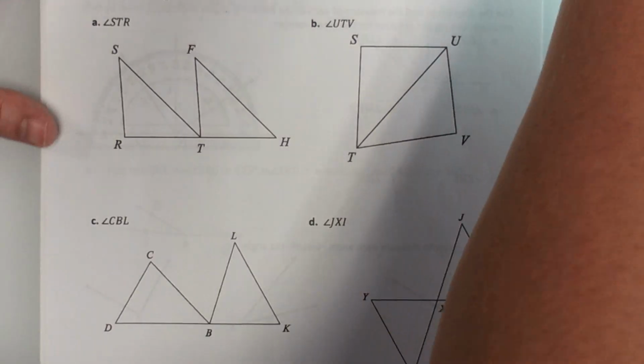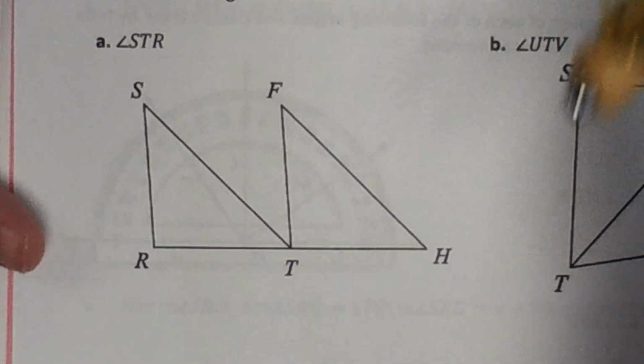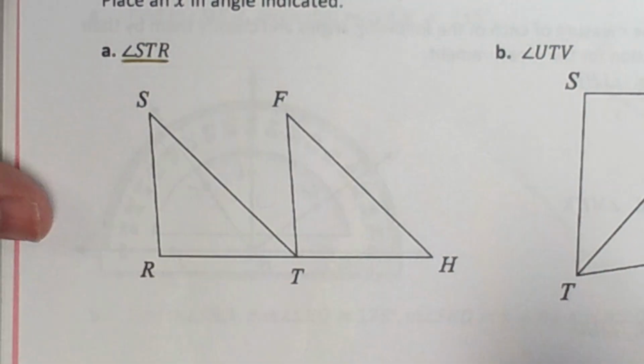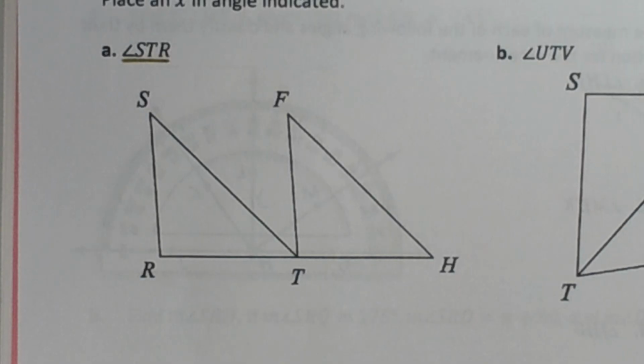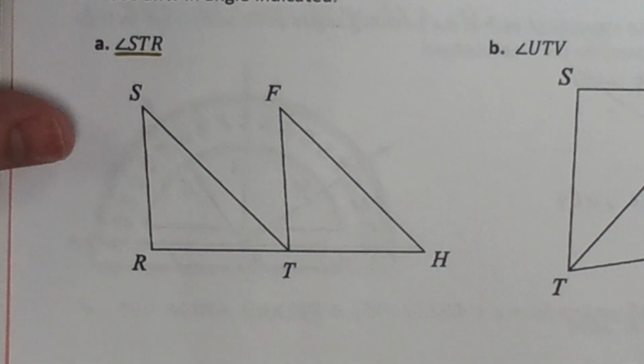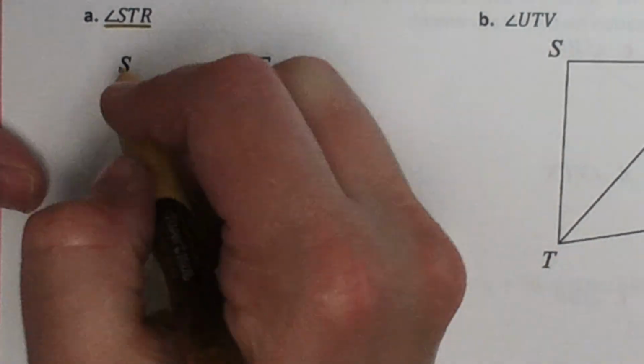The first one talks about angle STR. Now, angles can live inside of shapes. So, being able to tell where STR is important. First thing, you need to recognize where those three letters are.